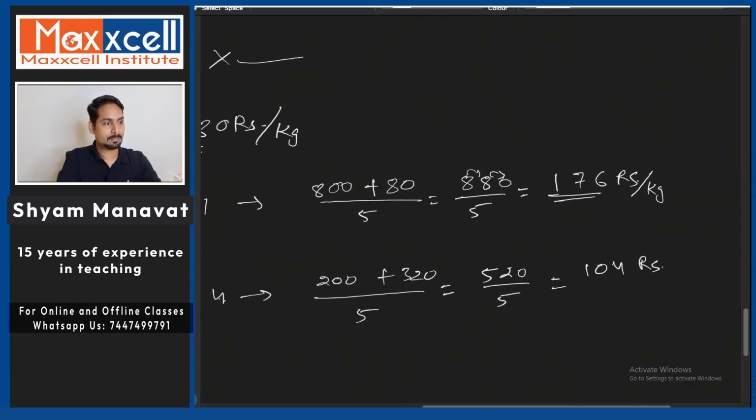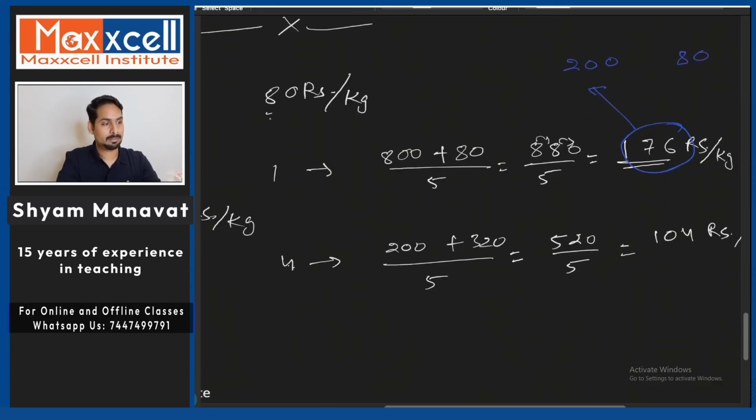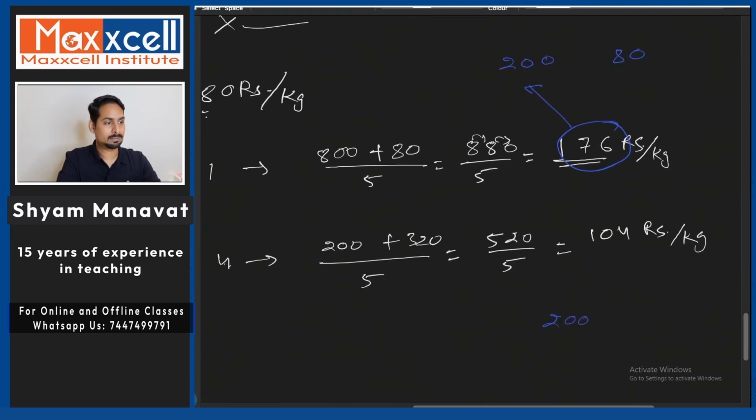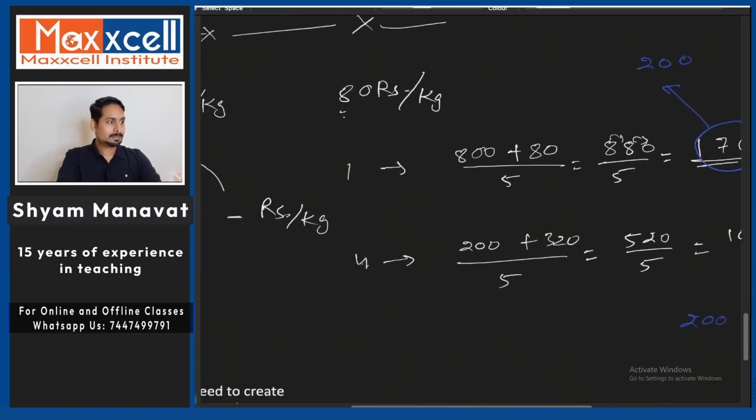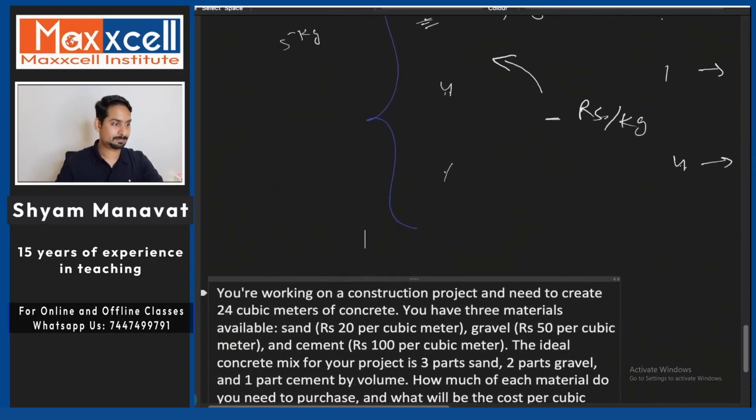You can see, if you compare 176, this number is more closer to 200. And if you look at this 104, this number is more closer to 80, right? Yeah, just a point of view. You should understand this kind of thing so that if it is about eliminating the options, you can do that also. Yeah, we'll see that in future.